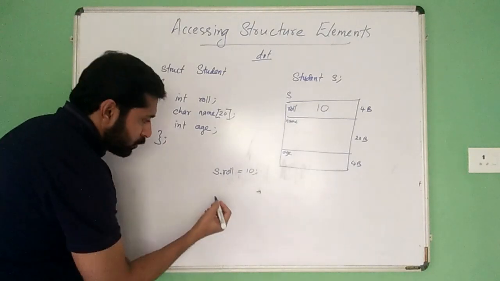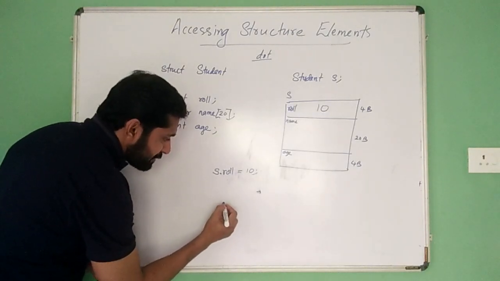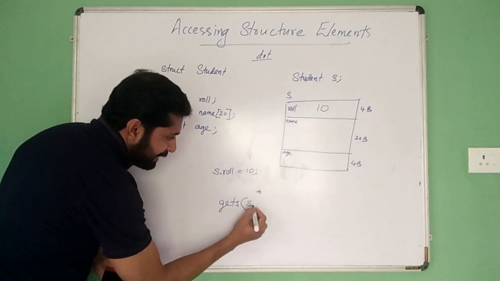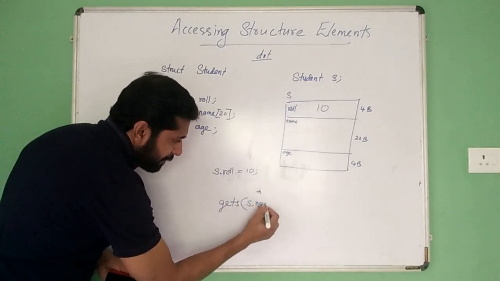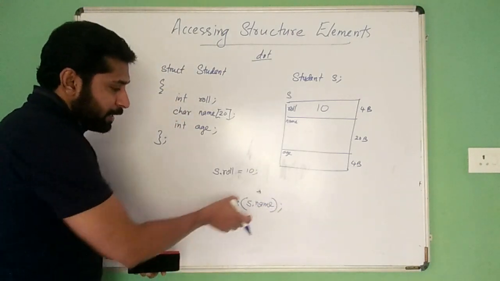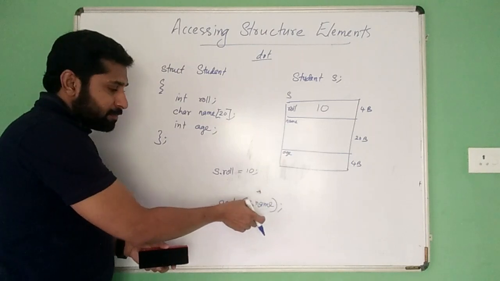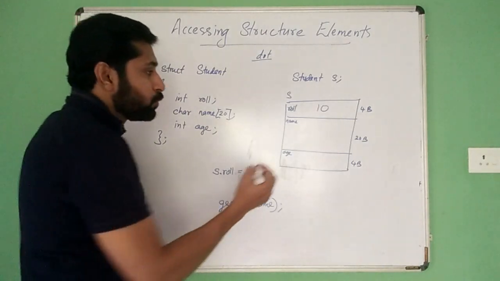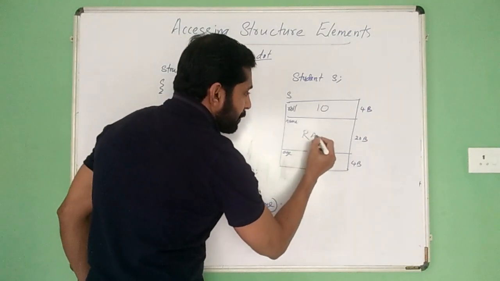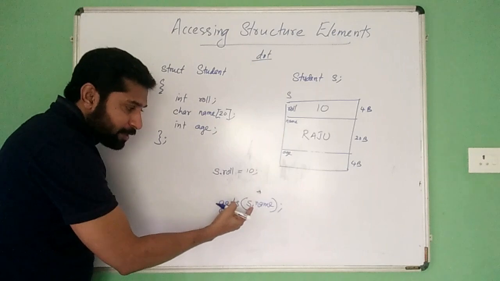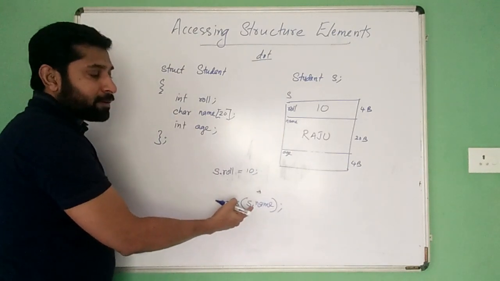And suppose we are using a statement like this, gets S dot name, in order to read a string, and then we type Raju. That Raju will be stored here. So the operator is the dot operator.